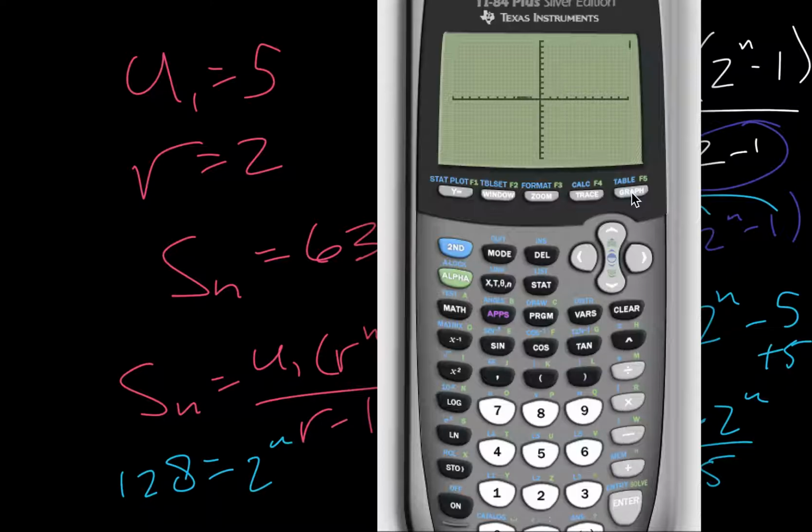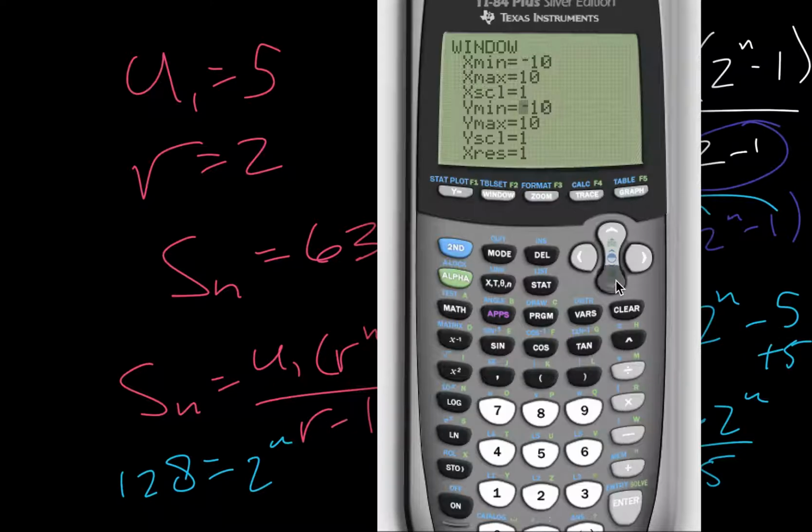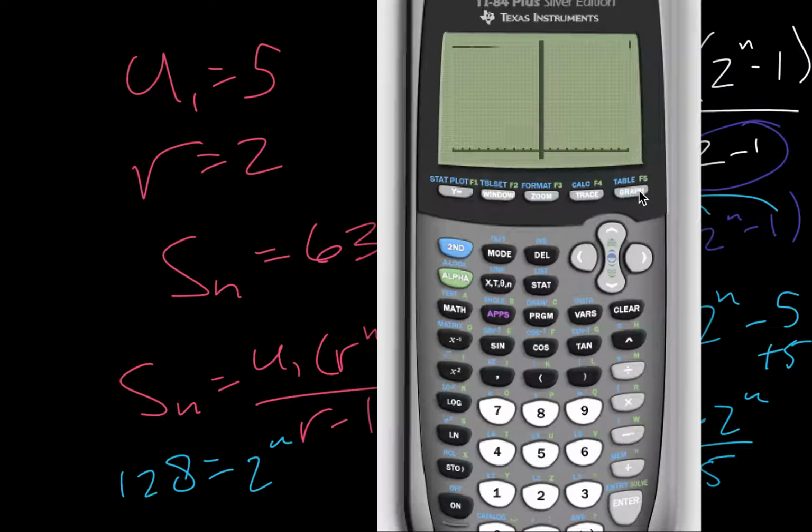It's not going to show up the spot that we want. So I need to go up high enough on the y-axis to see 128. So I'm going to change my y max to 135. Graph it. So there's my 128 line. It's going to graph my 2 to the x line. And they cross right there.